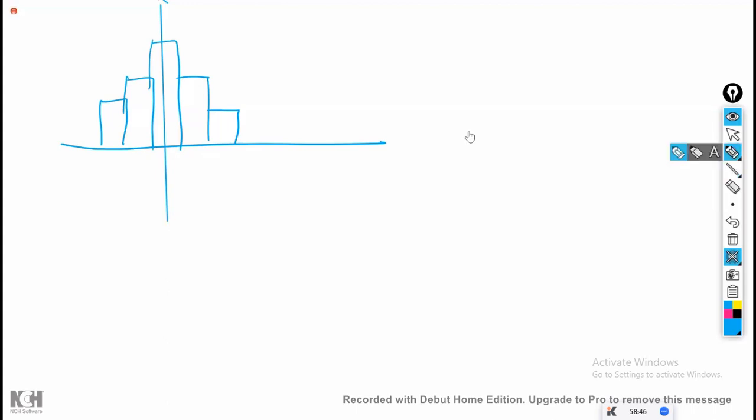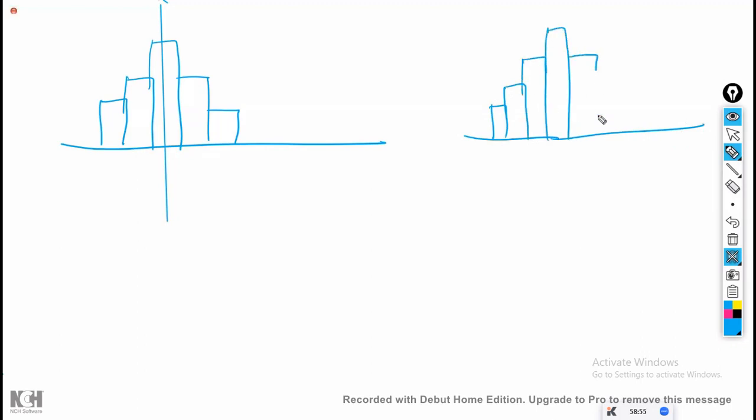Now let us take one more example. For this data set, the center value is this one. Now, are the left side and right side symmetrical?